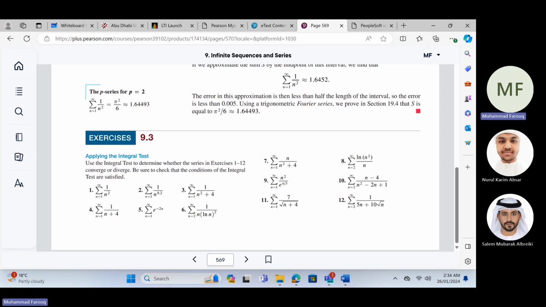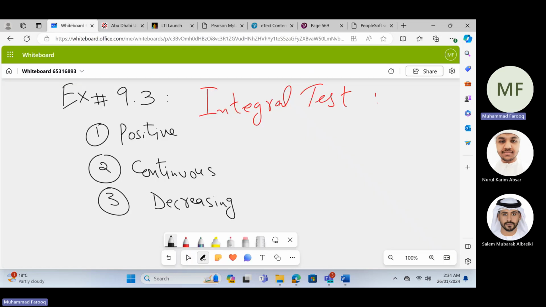Number 6, sigma from n equals 2 to infinity of 1 over n times (ln n) squared. Question 6, 9.3, starting from 2.